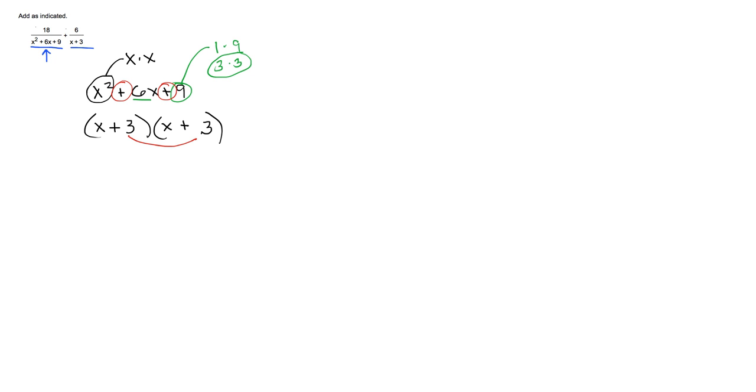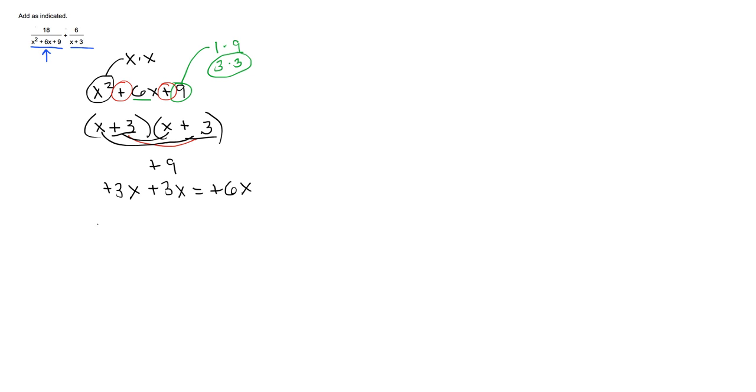And you can test this out real quick by doing positive 3 times positive 3, and that will give me a positive 9. And then you can do x times positive 3, which is a positive 3x, and then add it to the inner, which is a positive 3 times x, which is a positive 3x, and we do get a positive 6x. So that means that my factors are correct.